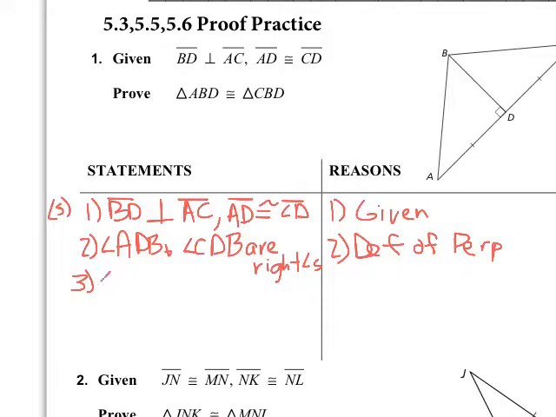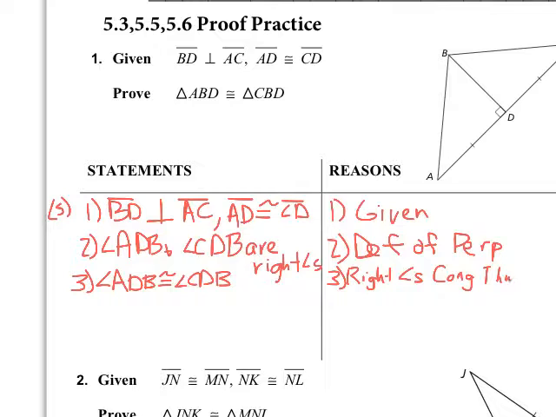We know that angle ADB is congruent to angle CDB, and we're going to call that the right angles congruence theorem, because we know that all right angles are congruent.